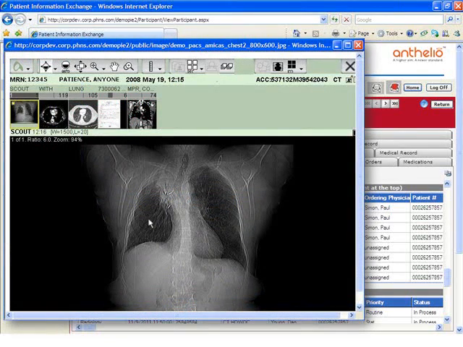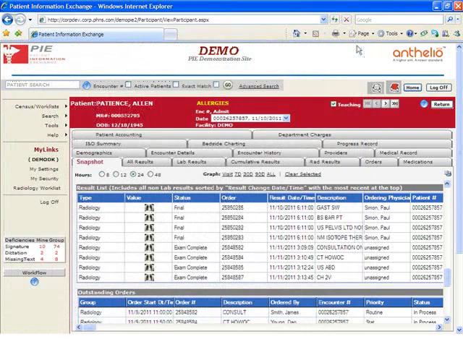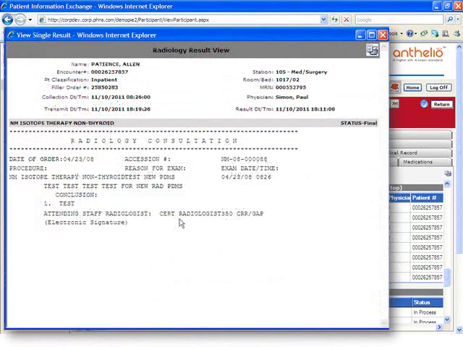Physicians actually can now go in and see the images and actually see them prior to when the radiologist has interpreted them. So if you have an orthopedist that needs to look at an X-ray and doesn't want to wait for the radiologist because he wants to look at that now, he has that capability the minute that image is completed to go and view that through this patient information exchange. The ability to see the text result once it is completed from the same location that they were looking at that image.